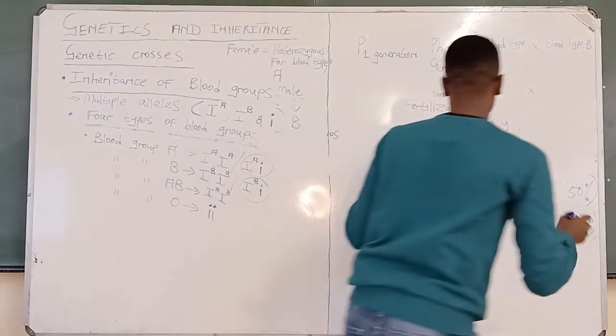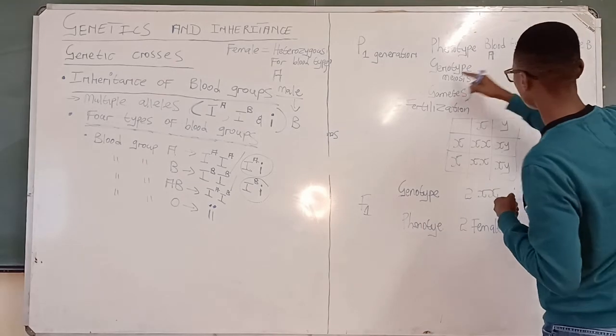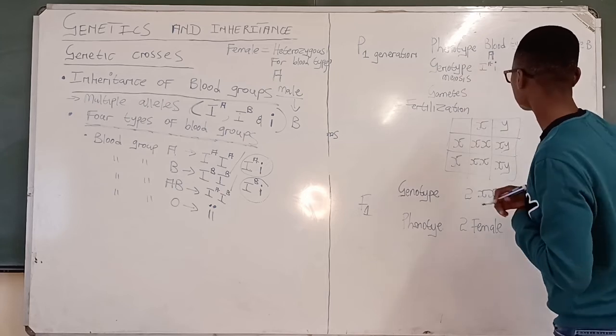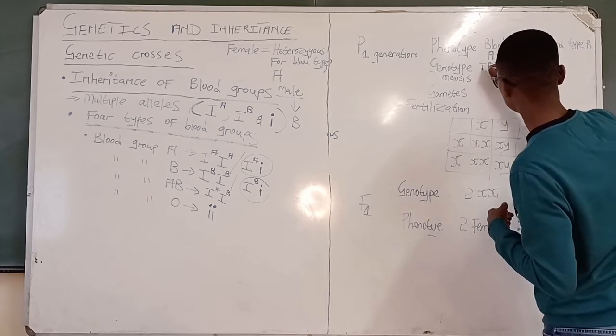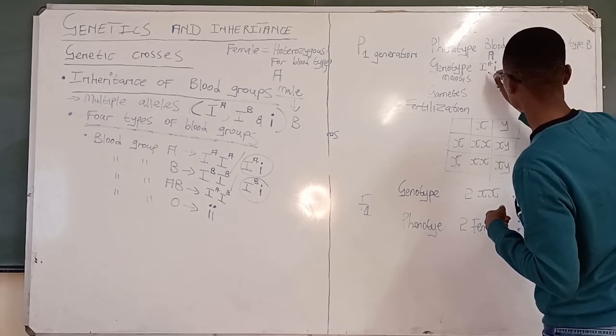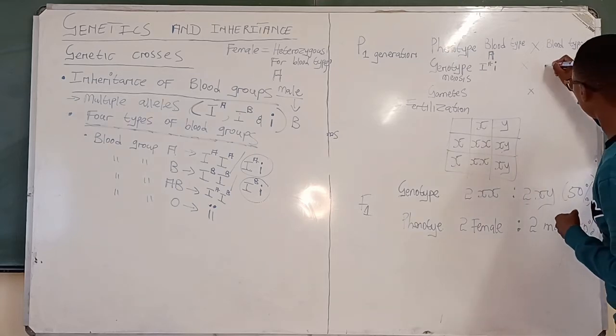So the blood type A, the genotype is going to be like this. And then on the other hand, the genotype is going to be like this.